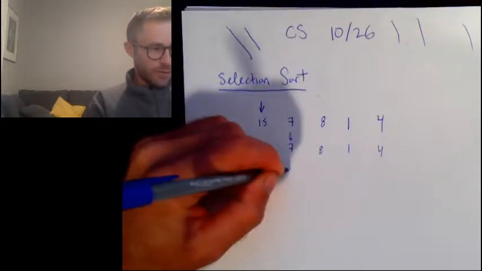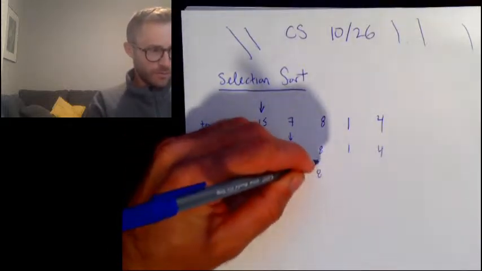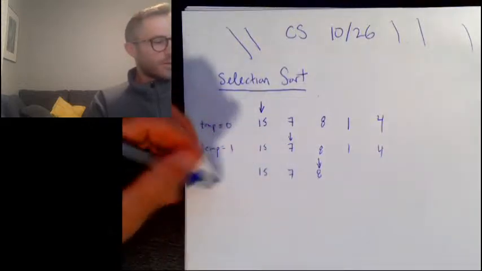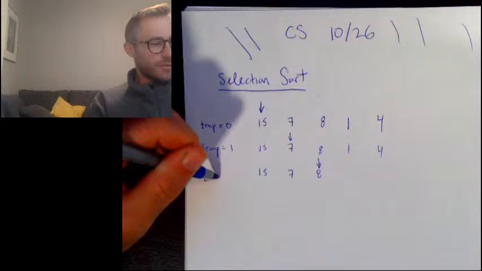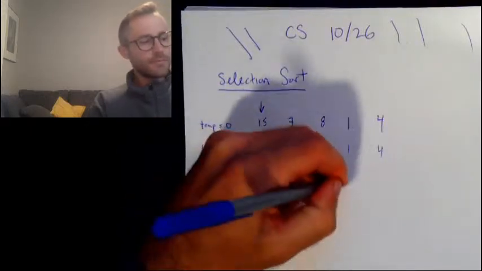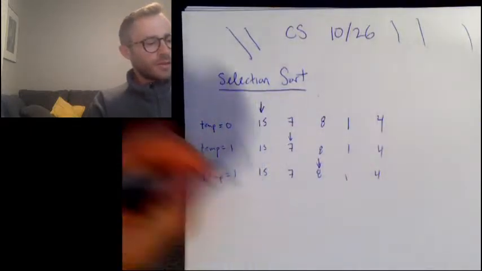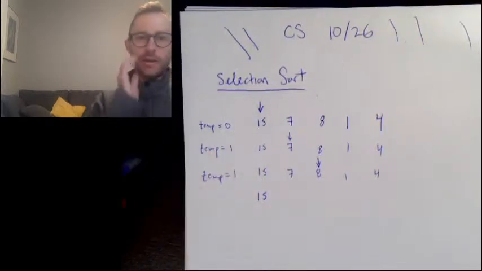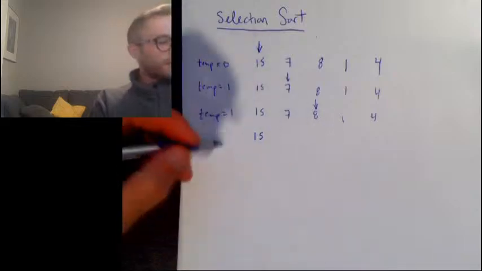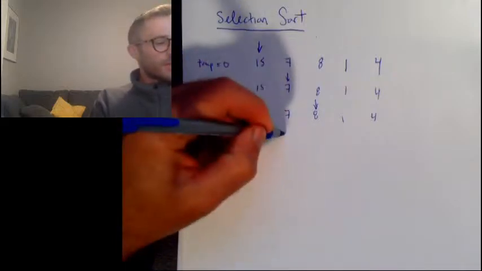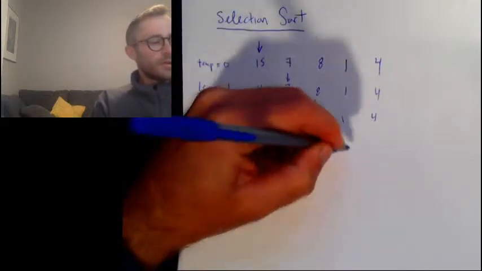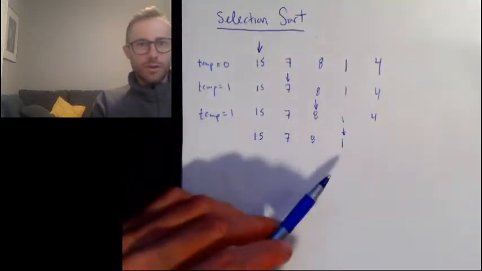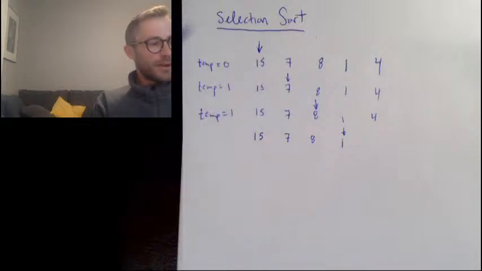Then I'm going to put my focus on the element at index 2, and 8 is greater than 7, so I'm not going to change the temp. So temp is still 1. Now I'm going to draw my attention to the 1, and notice how 1 is smaller than 7, okay?